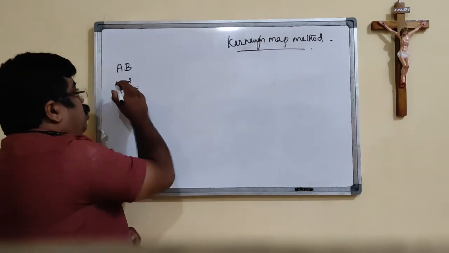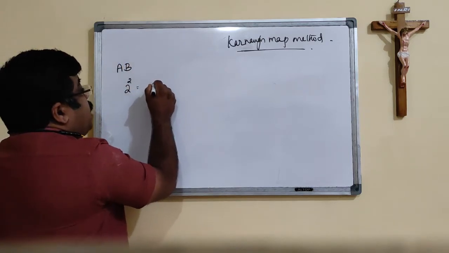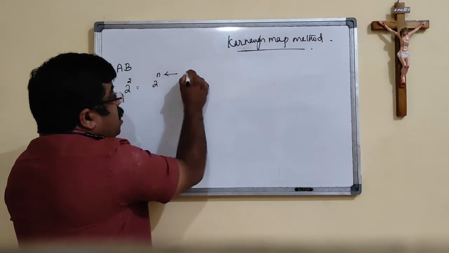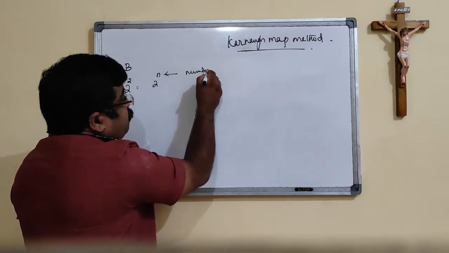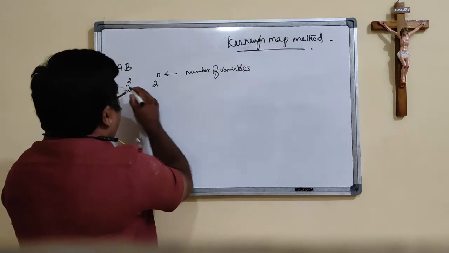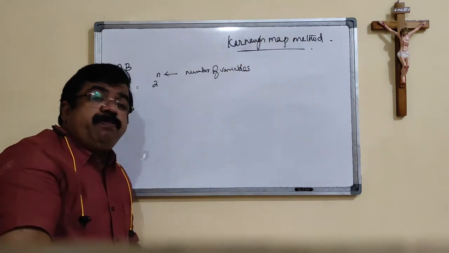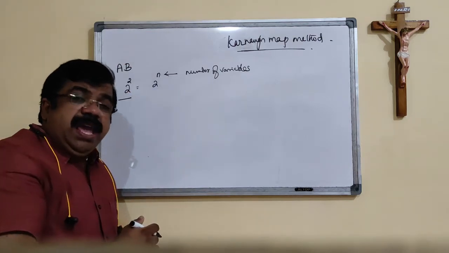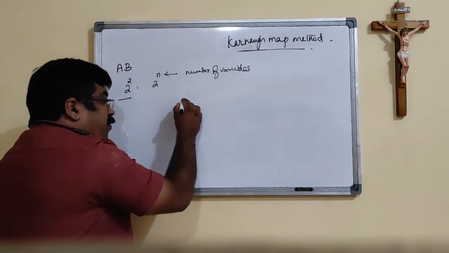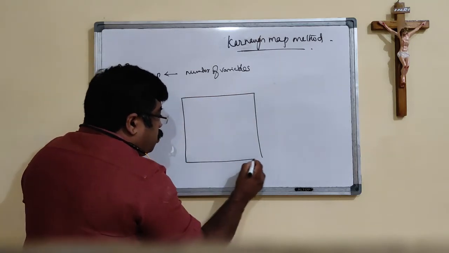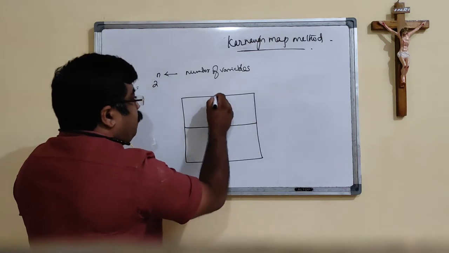That is 2 to the power n, where n stands for the number of variables. So when we have A and B, we will make a Karnaugh map with 4 squares.